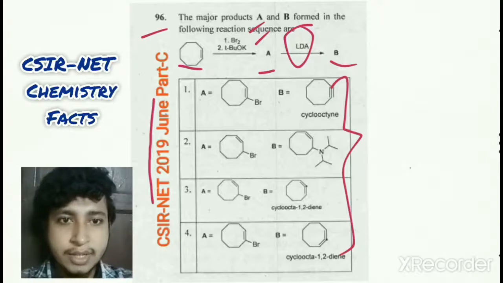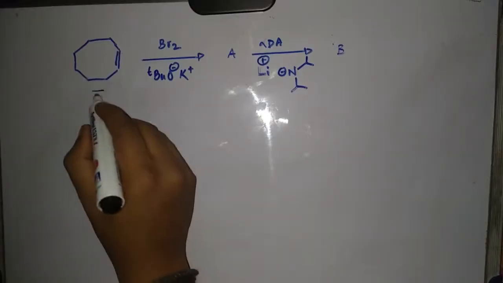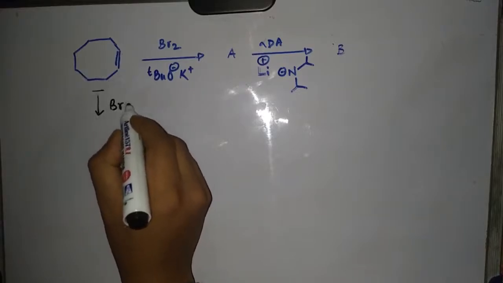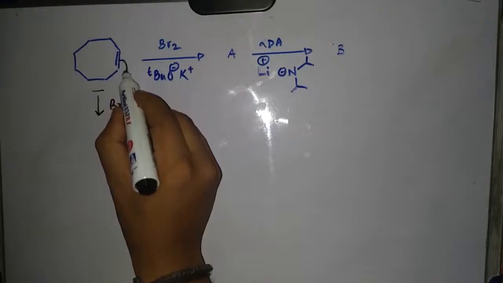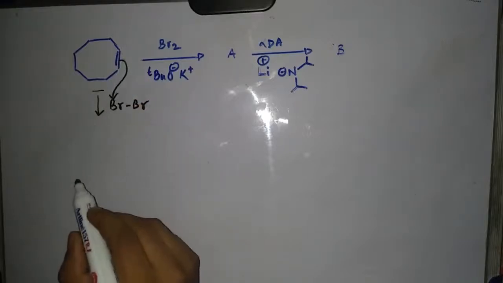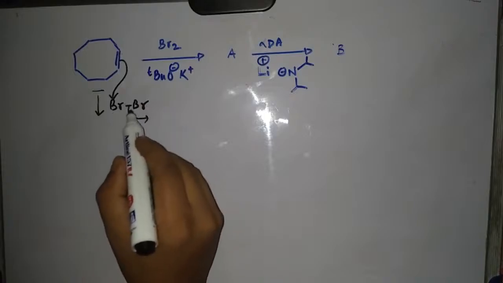So guys, let us start. This is the starting material. This is a cyclooctene and it is treated with bromine. So what will happen? This double bond will give its pi bonding electron to this bromine, and this Br will come out, so Br minus will form.